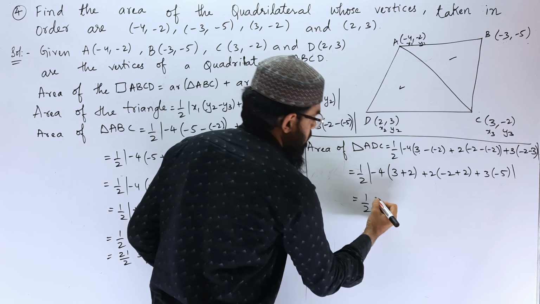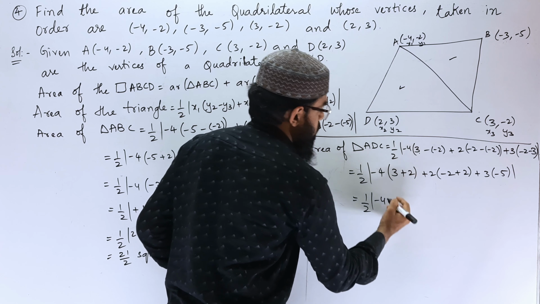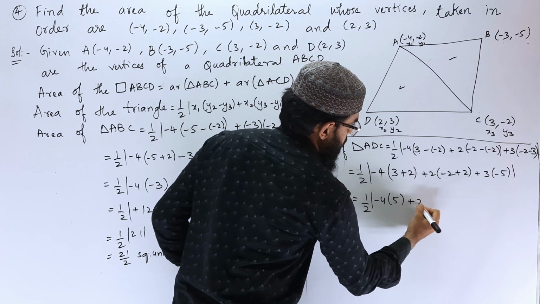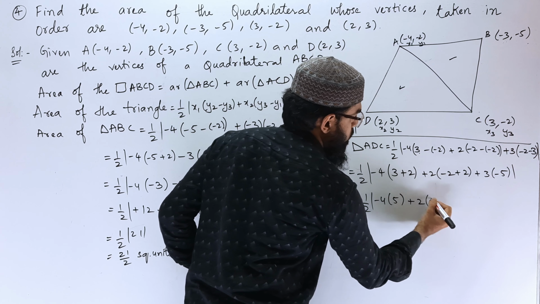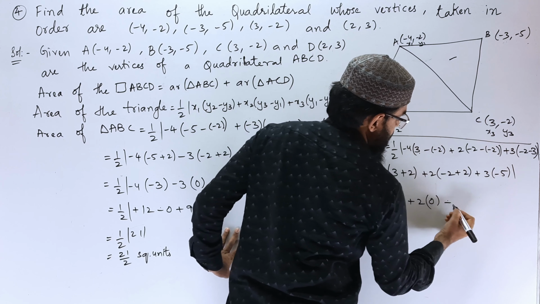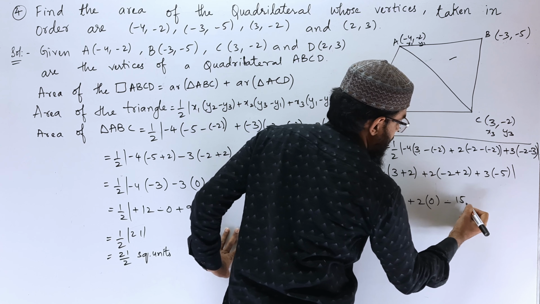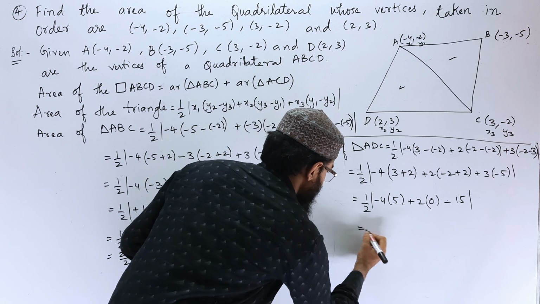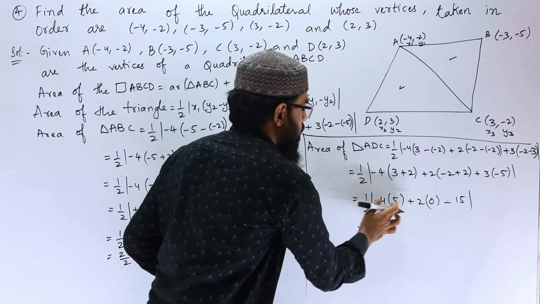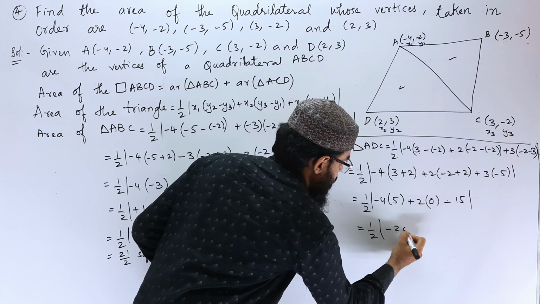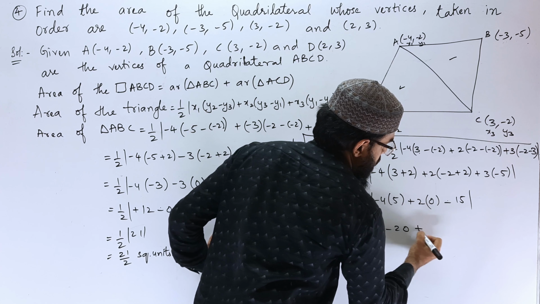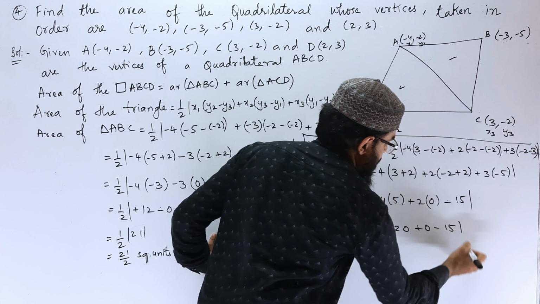So 1 by 2 mod minus 4 into 3 plus 2 is 5, plus 2 into 2 minus 2 is 0, plus 3 into minus 5, that is minus 15. 1 by 2, 4 5s are 20, 2 zeros are 0, minus 15.